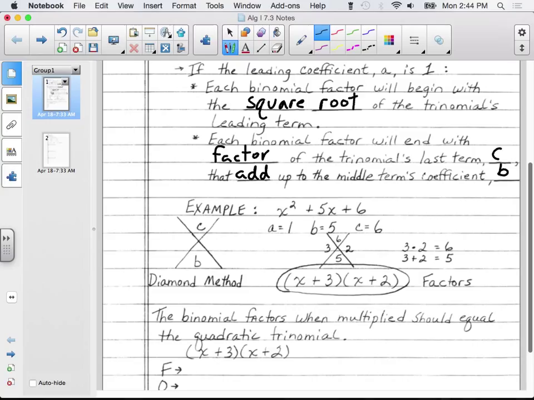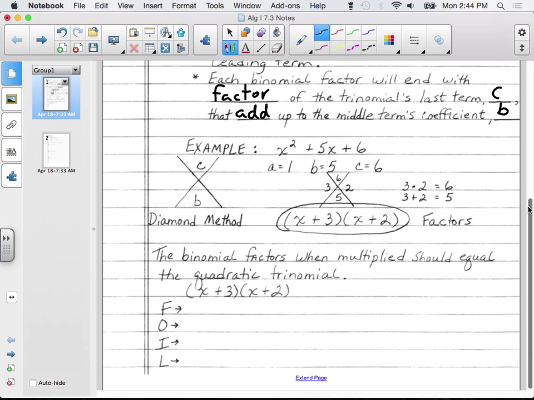So we're looking for 2 numbers that when we multiply them together, they get us our c value, and at the same time, when we add them together, we get our b value. This big X with c up top and b downstairs is called the diamond method.